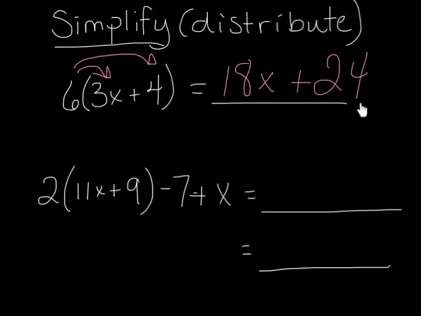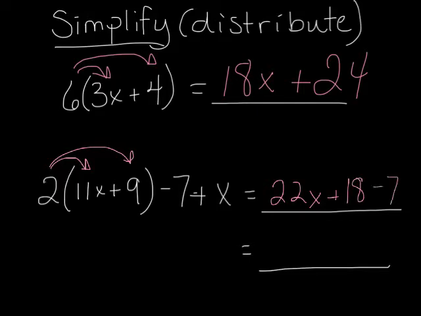This next one, we've got some distribution and then just some extra pieces. So we need to first do those distributions, and we know that 2 times 11x equals 22x, 2 times 9 equals 18, and we're going to copy the rest of that problem, minus 7 plus x squeezed in there.